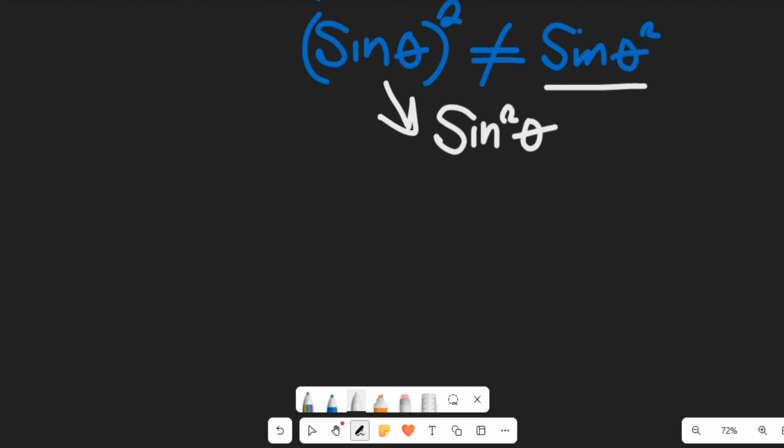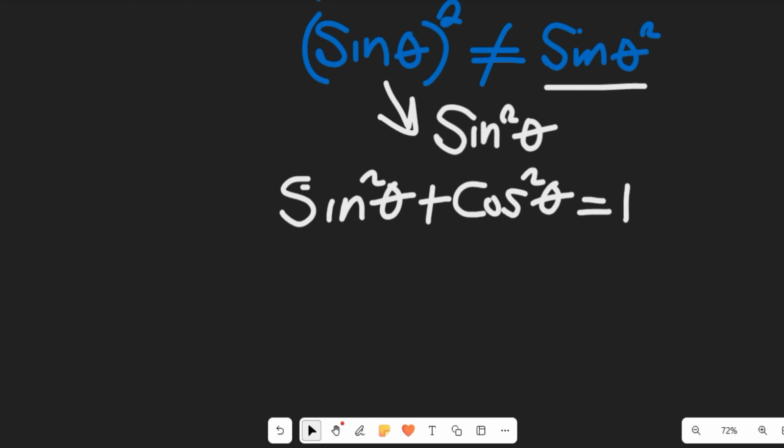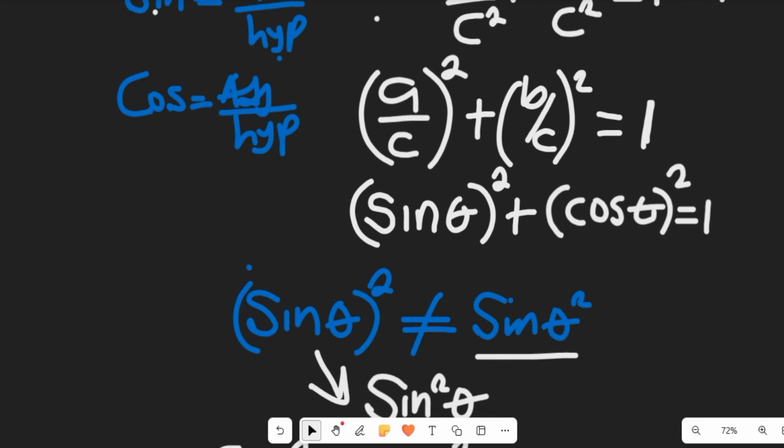So we'll have sine square theta plus cos square theta, and this will be equal to 1. That proves that this method of getting the value of sine square plus cos square theta equal to 1 is verifiable.